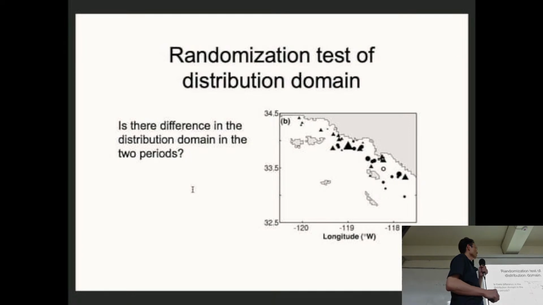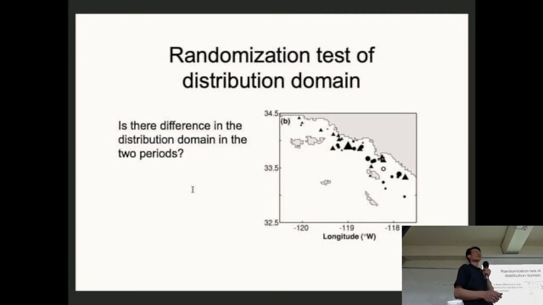If the water temperature is warmer, they tend to have a triangle distribution, maybe around here. If the temperature is lower, in the cold climate, they tend to have a southern distribution.